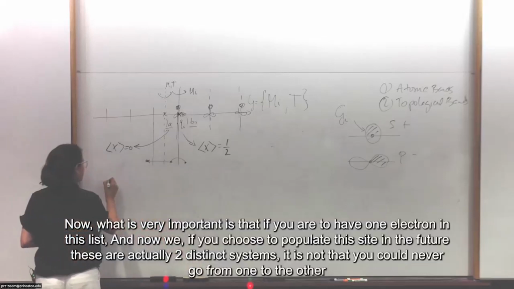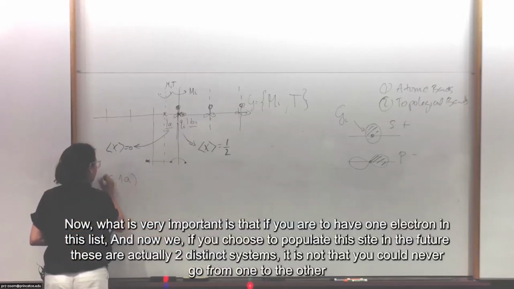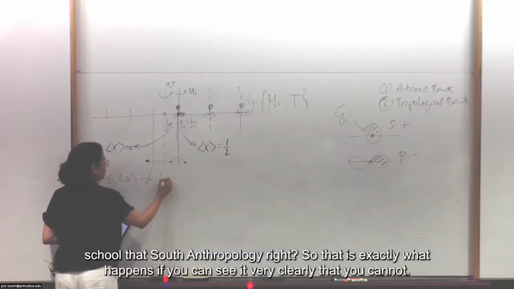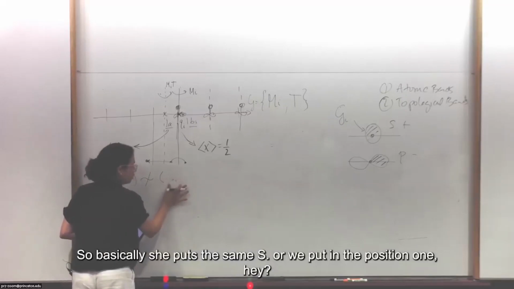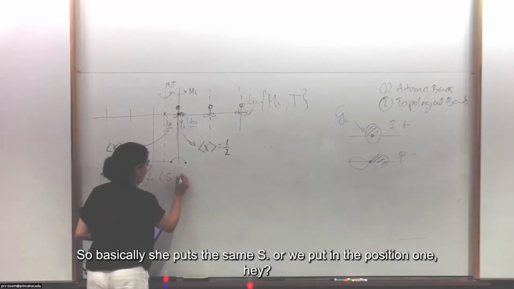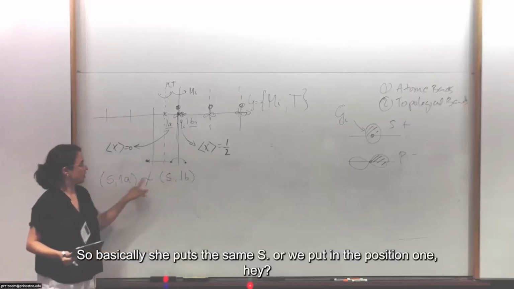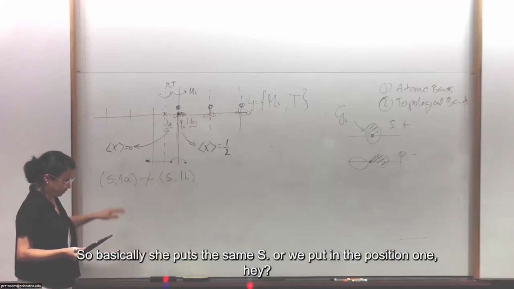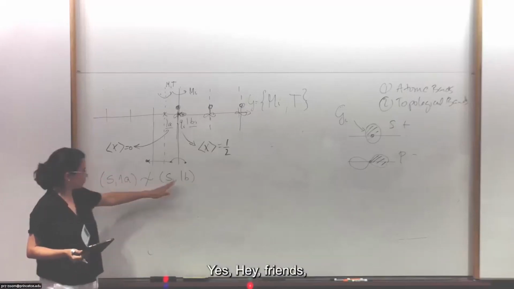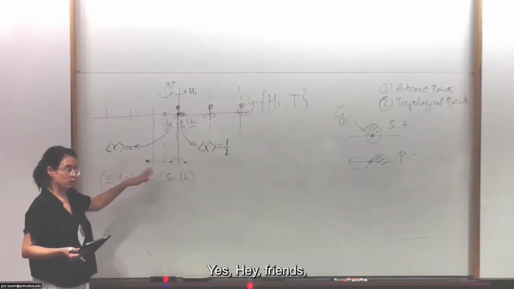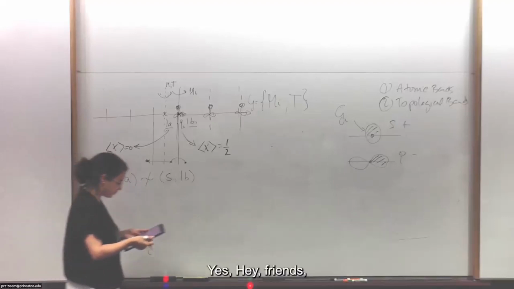So basically, if you put, let's say, an s orbital in the position 1A, it's different from an s orbital in position 1B. And you can see this very clearly because they will transform rather differently under all the symmetries in the system.